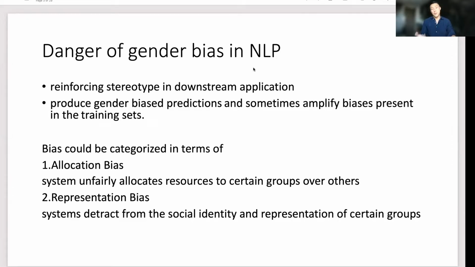If a person uses female terms or gender terms to search for a job and it returns fewer results, then they are less likely to get the job opportunity that they want, right? And secondly, representation bias detracts from the social identity and representation of certain groups.